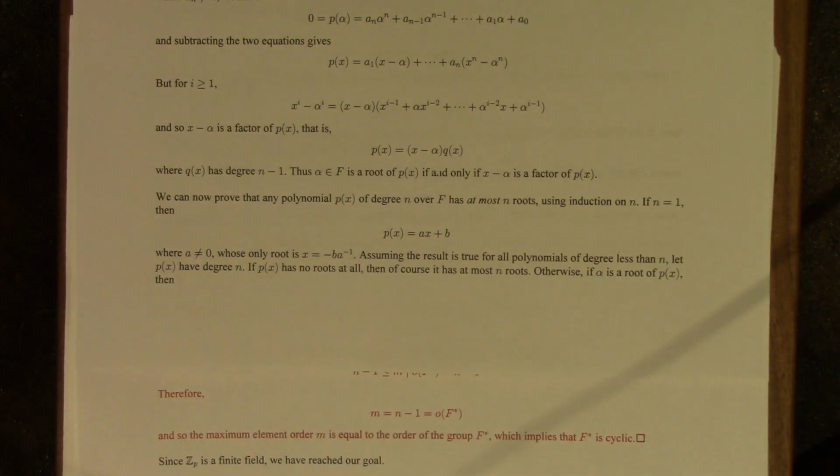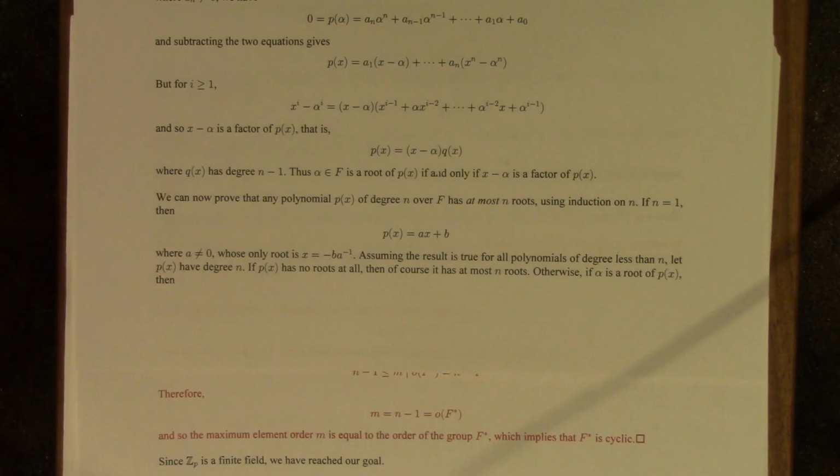So we can then assume the result is true for all polynomials of degree less than n, and suppose that p of x has degree n. If p of x has no roots at all, then of course it has fewer than n roots, at most n roots.